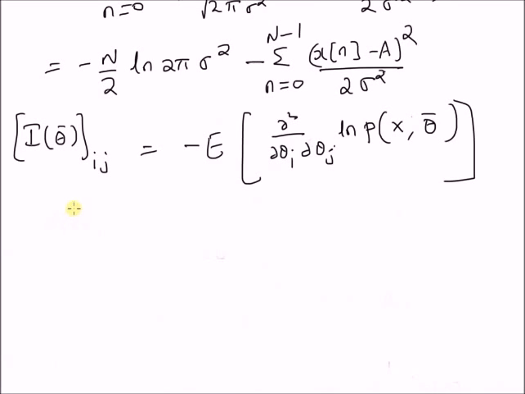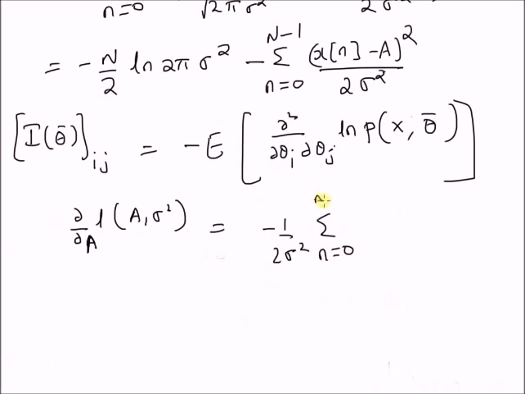So first we determine the derivative with respect to the parameter a, which is equal to the derivative of this log likelihood function with respect to parameter a, which is clearly minus 1 by 2 sigma square summation n equal to 0 to N minus 1 of 2 times x of n minus a into minus 1.